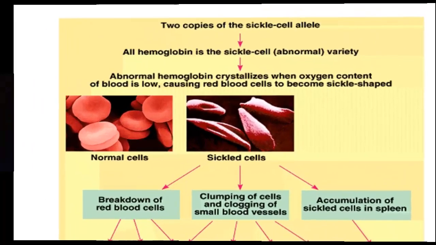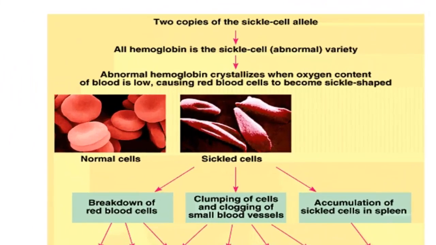Sickle cell anemia causes the red blood cells to have a sickle shape. When someone has this, it's not a good thing because they have red blood cells that essentially get clogged in the arteries and can lead to a lot of problems down the road. Someone that does not have this has normal disc-shaped red blood cells. So this would be someone in this picture right here that's homozygous dominant.